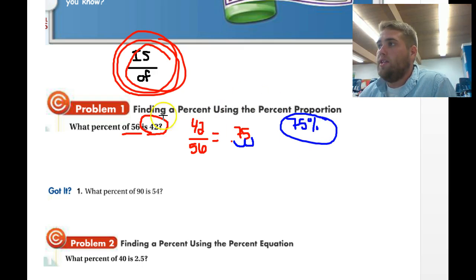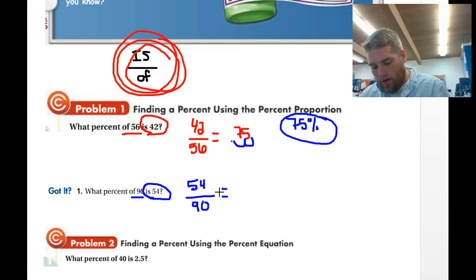So once again, the formula is over of. On number 1, of is 90, is 54. So is goes on top, 54, of 90 on the bottom. We plug that into our calculator. 54 divided by 90 gives me 0.6.